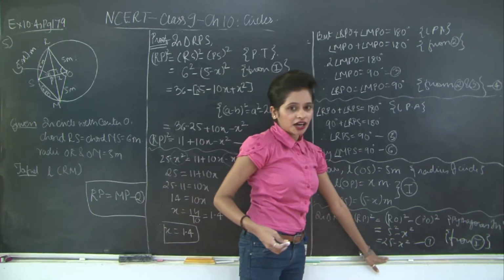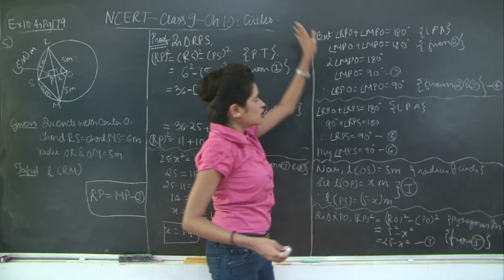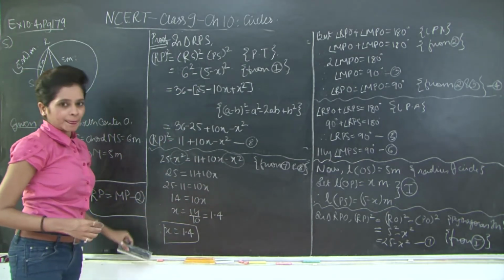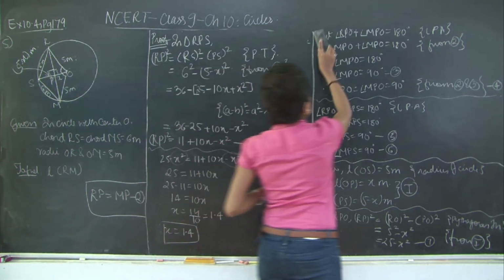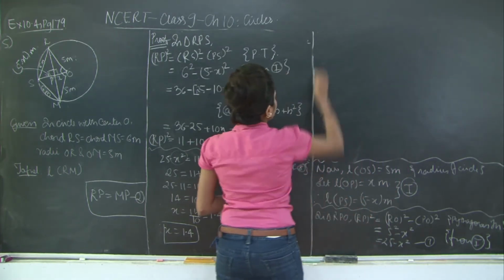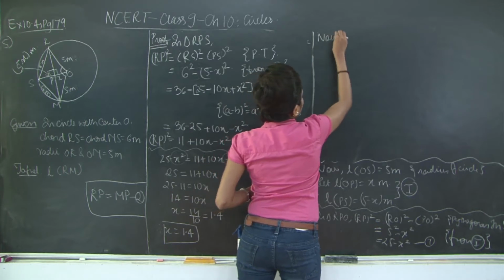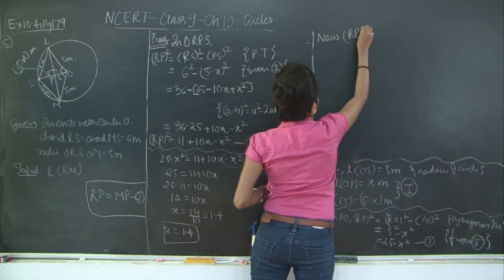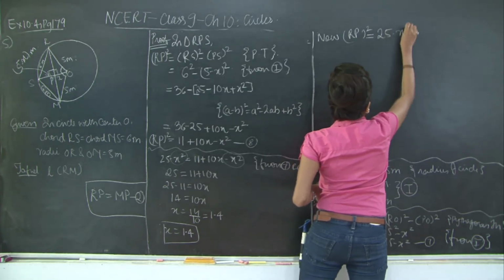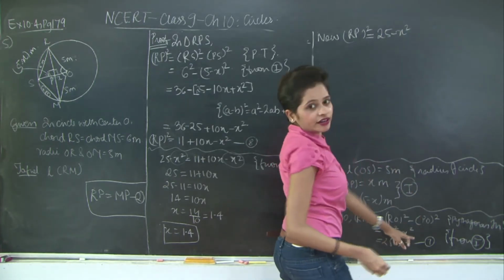What is Rp? Rp is 25 minus x square. So, I am erasing this part of the board from at least the start. Now, Rp square is equal to 25 minus x square from 7, correct?